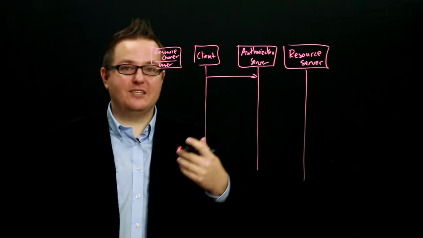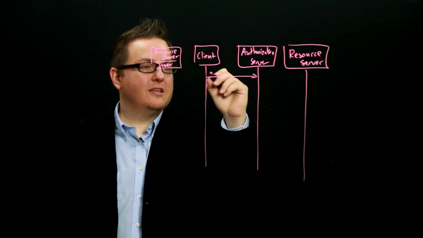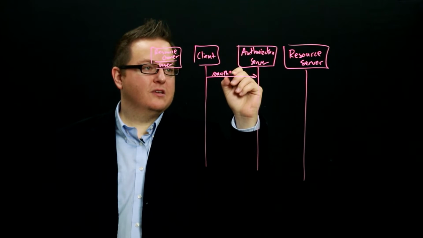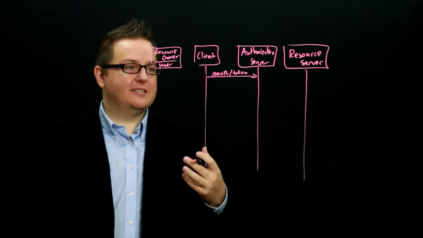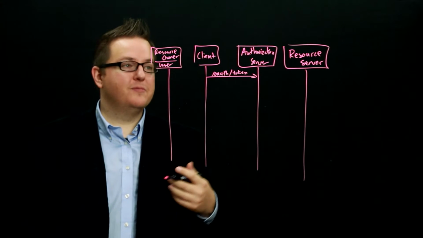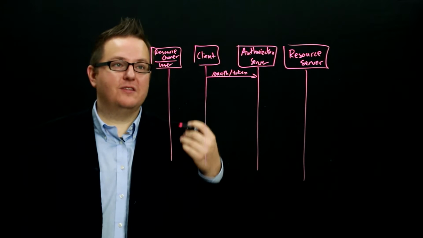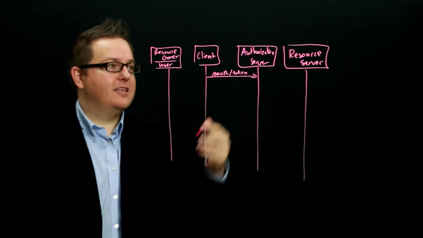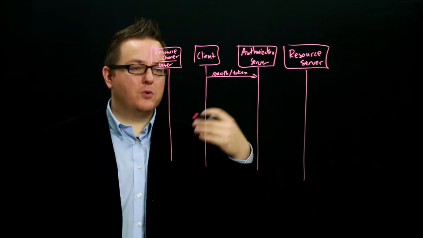In this case, what we're going to talk about as valet keys are tokens. So it's going to send a request to /OAuth/token, asking for a particular token that it needs. Depending on the particular OAuth flow we're using, if the client already has the username and password for the resource owner, or in this case the user in our system, the authorization server can validate that information and create the token that it needs.